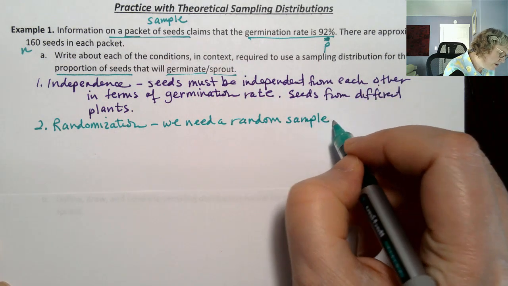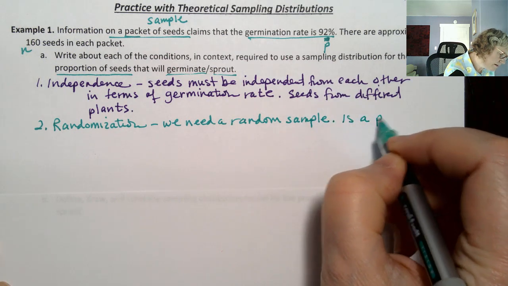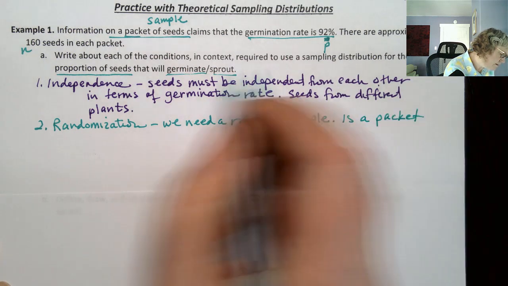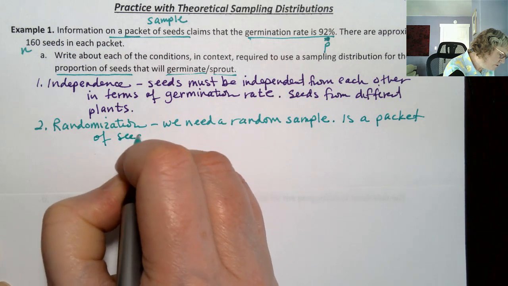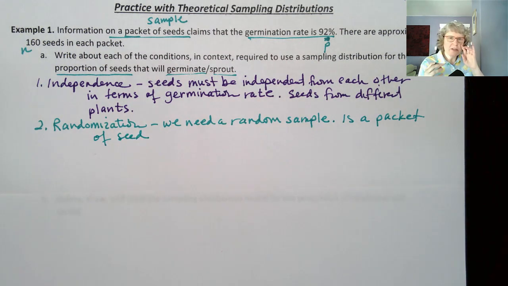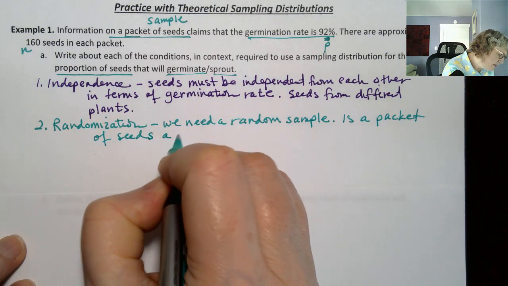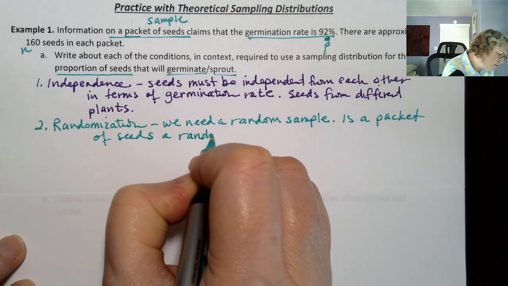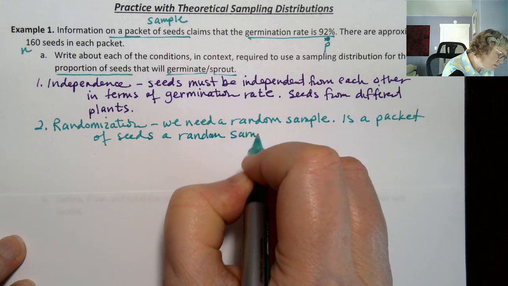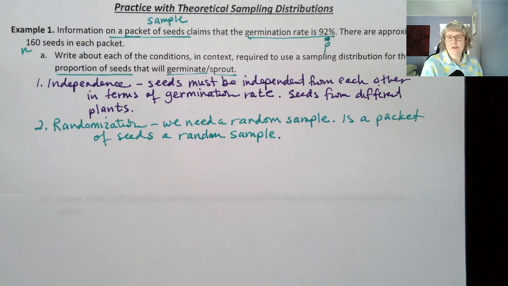So I kind of have a question here. When you buy a little packet of seeds at the store, is a packet of seeds a random sample? And for that, I don't know.